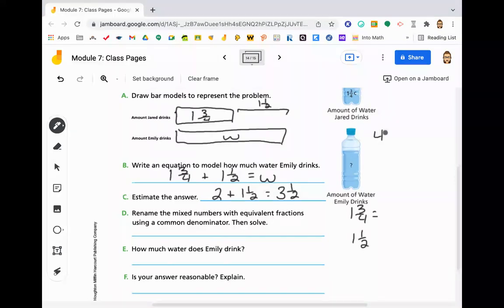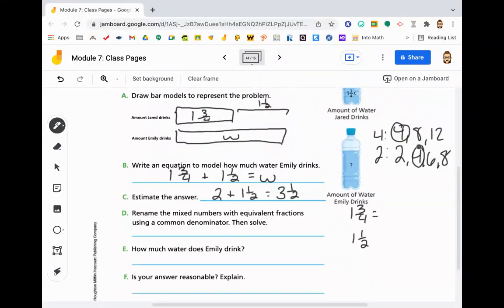If we list out our multiples, we see that 4 is our least common multiple or our common denominator. So 1 3/4 is going to stay the same, and 1 1/2 is going to become 1 and something over 4. We multiply the 2 by 2, so we multiply the 1 by 2, and we get 1 2/4.